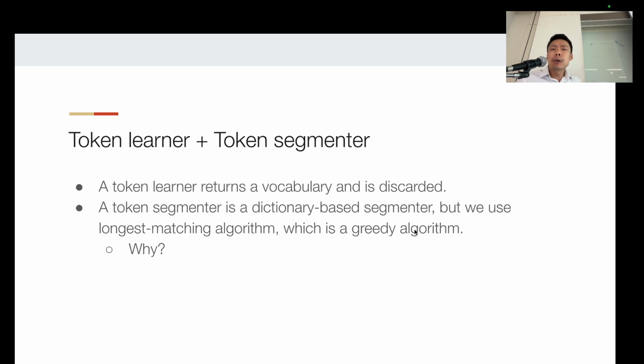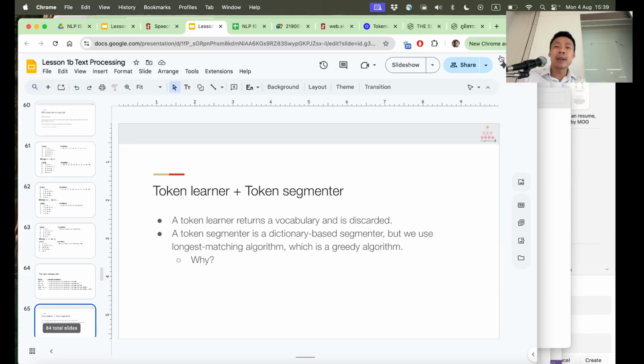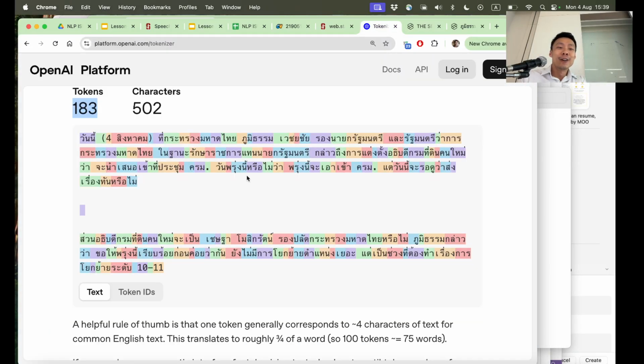Now you might wonder, why do we get so few? Why do we have such a crappy dictionary for Thai? We don't have spaces, that's one reason, but it's mostly because Thai accounts for only 2% of their data.